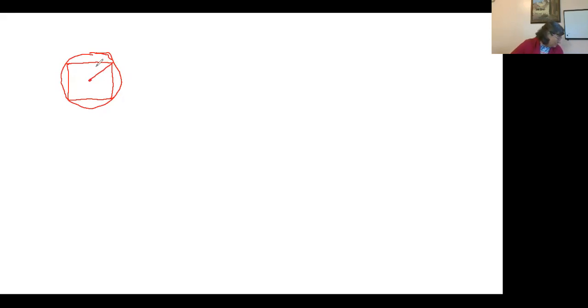So suppose this was 5. So now the difference between the two. Now the circle has the larger area.